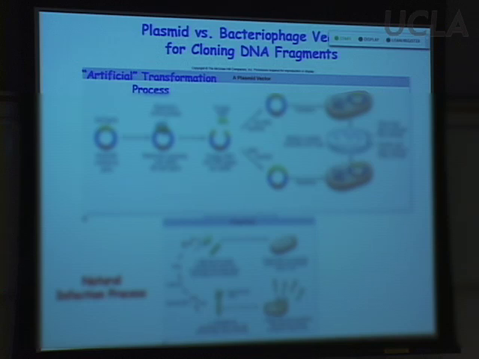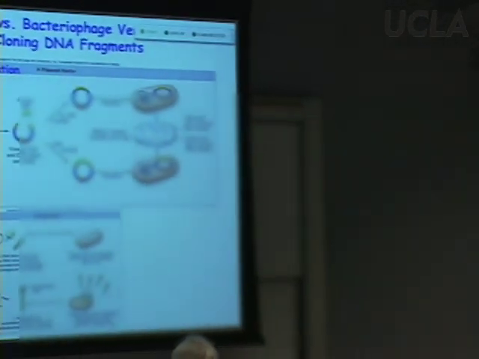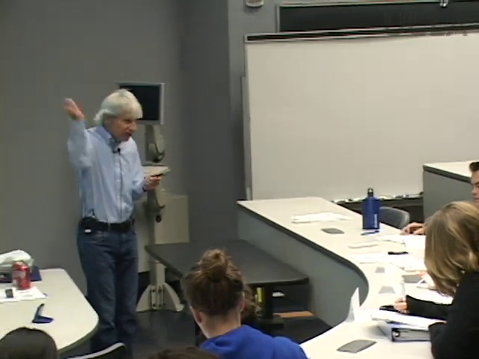And therefore, you can use the virus as a vehicle to get the foreign DNA inside a bacterial cell using a natural infection process. That's very different than transformation. Transformation, in the way in which we use it for genetic engineering, is an artificial process. You isolate the plasmid using these centrifuges like you had the first week of class.